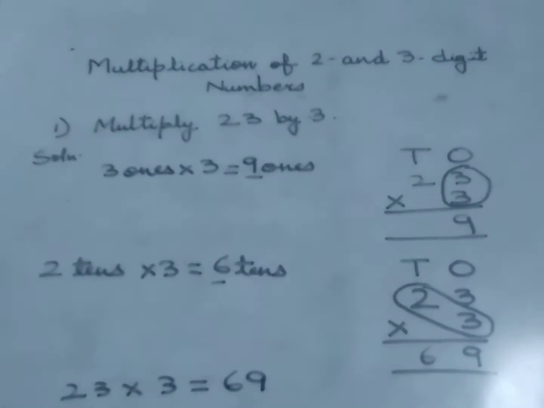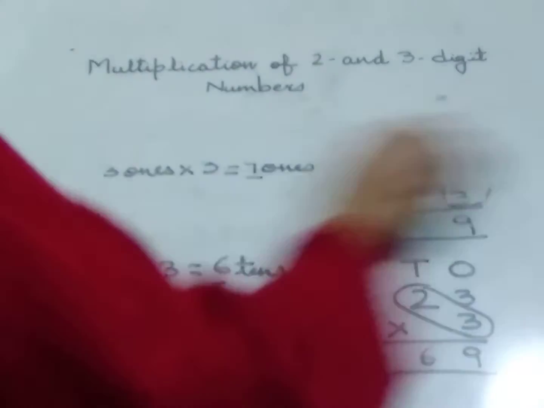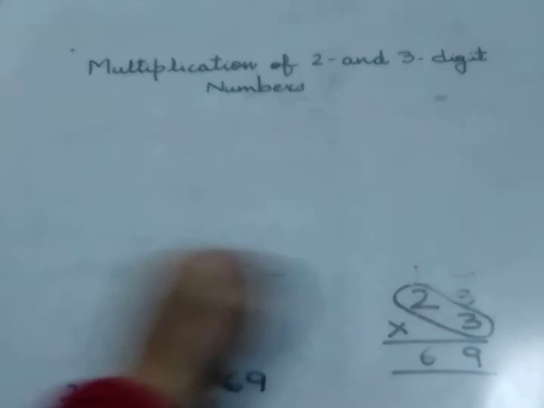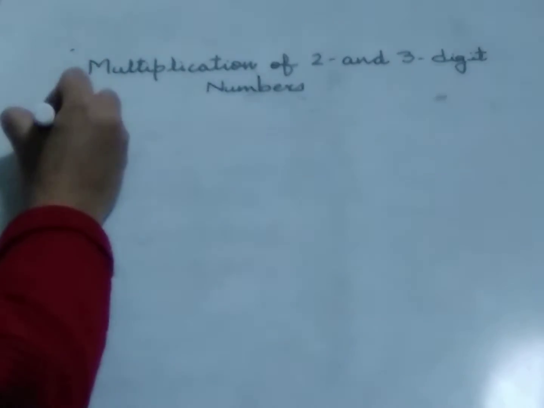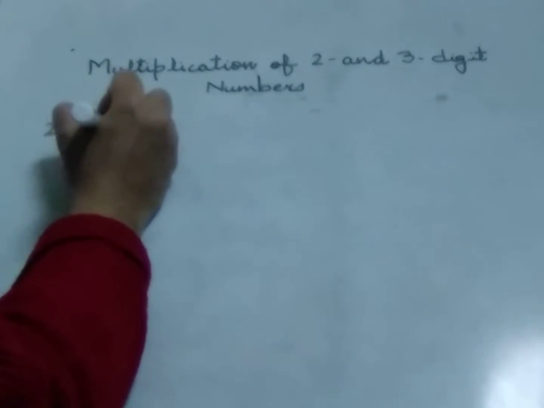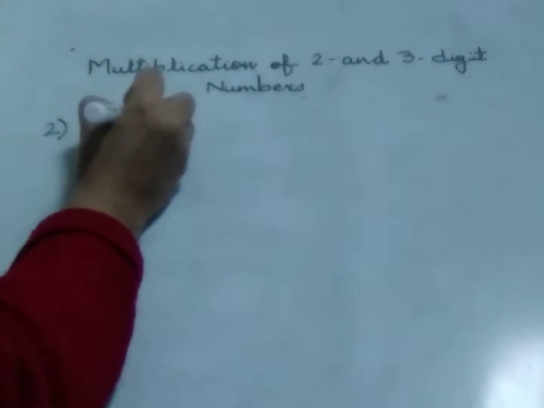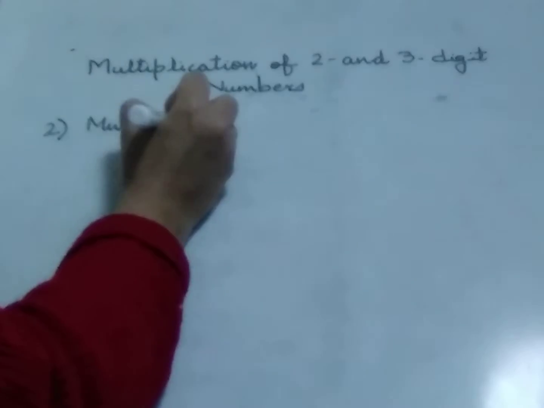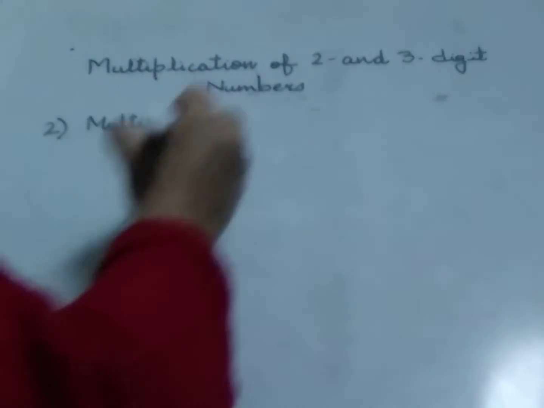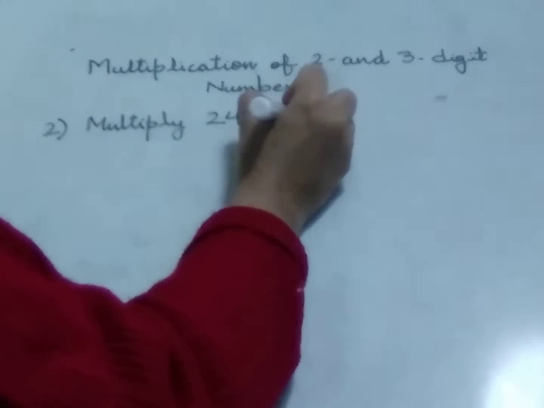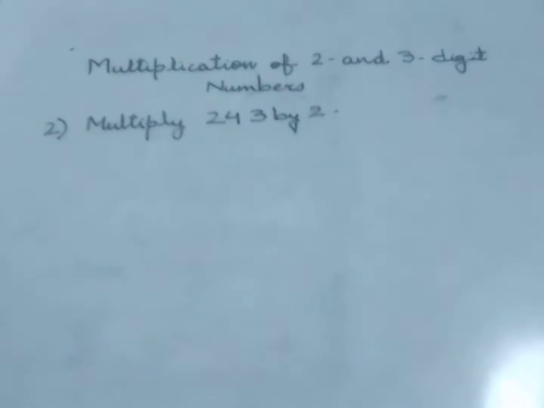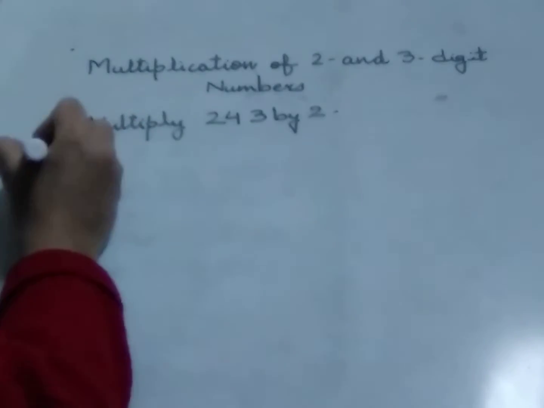Let's look at the next question. Next question is multiply 243 by 2. Again arrange the numbers in columns.